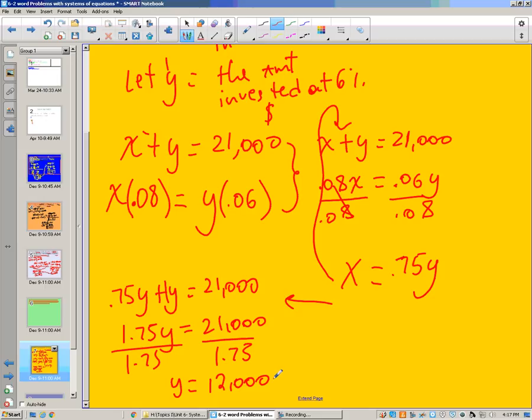How do I find x, how much I invested at 8%? Then I plug this back into one of the two equations. Obviously, this guy's going to be the best one, right?